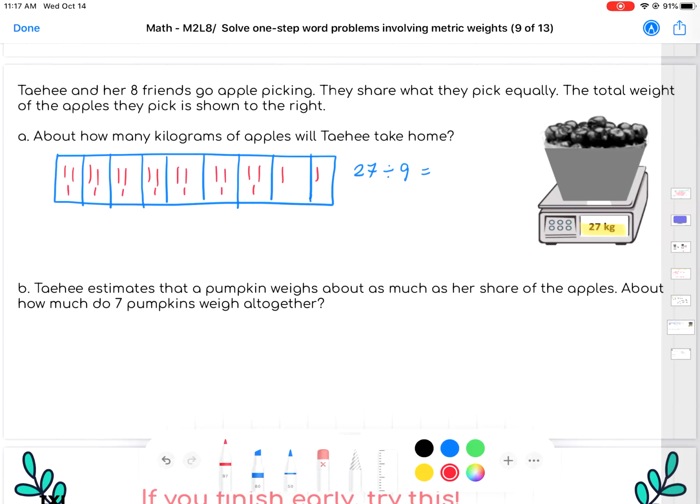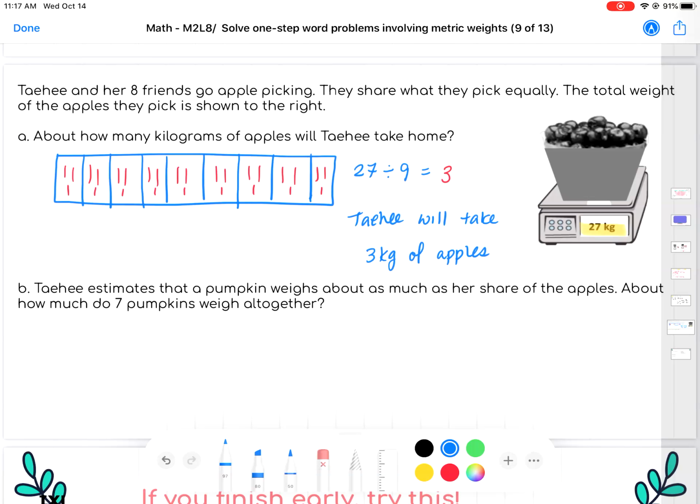And we know that each one will get 3 kilograms of apple because 9 can go into 27 for 3 times. So each, oh no, it's actually asking Tae-hee. So Tae-hee will take 3 kilograms of apples.